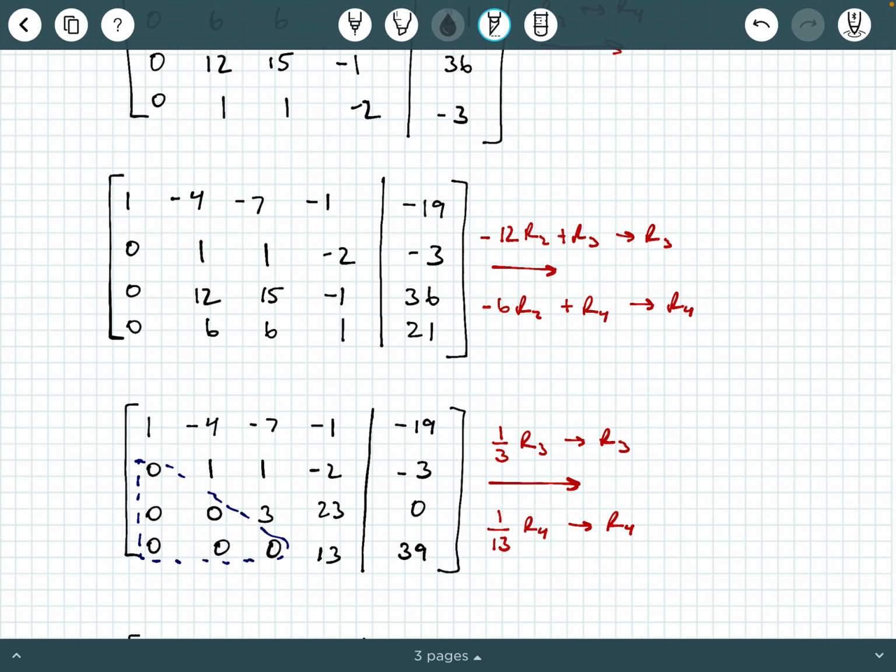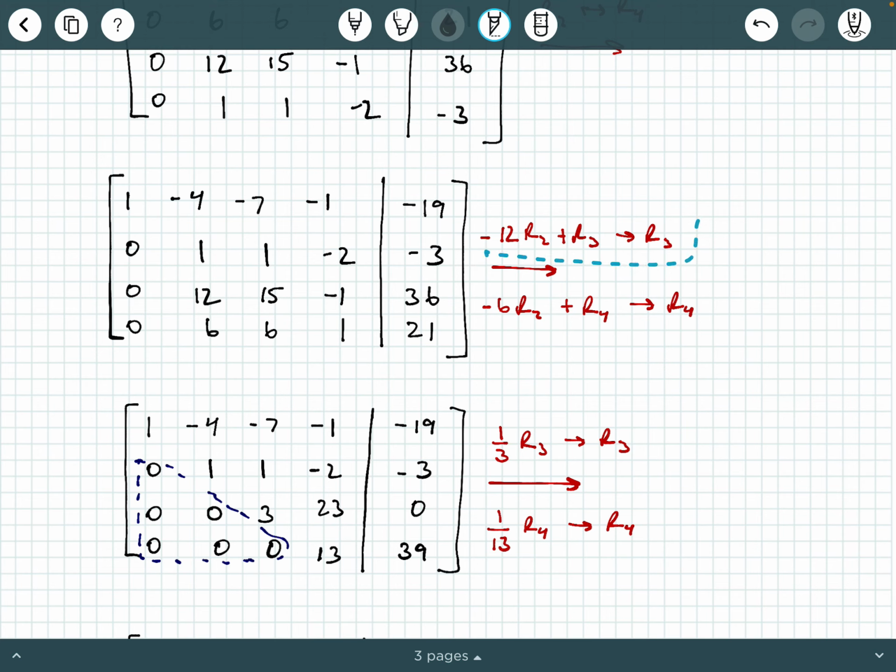Negative 12, 15. Negative 12 times negative 2 is positive 24. Minus 1 is positive 23. And then negative 12. Look at that.